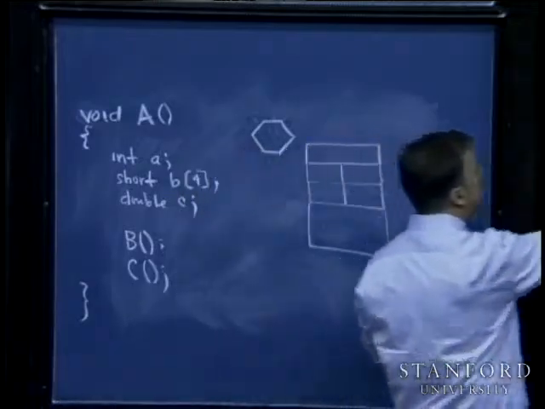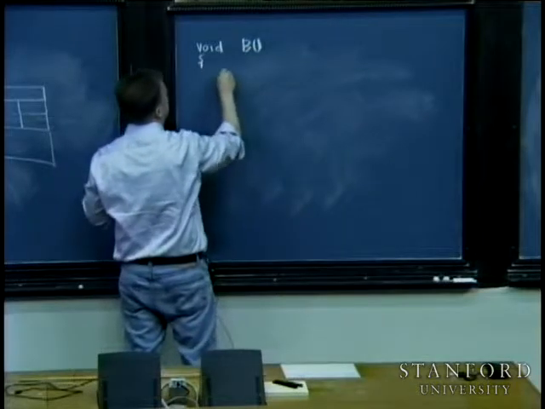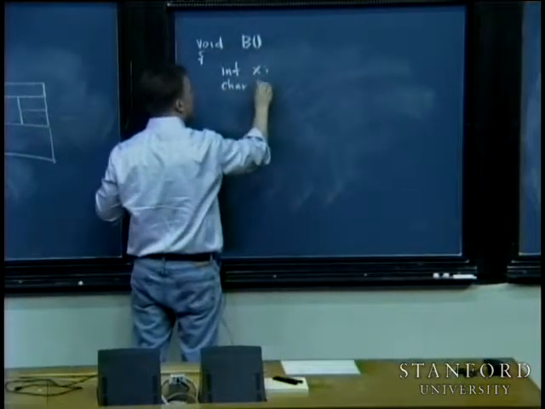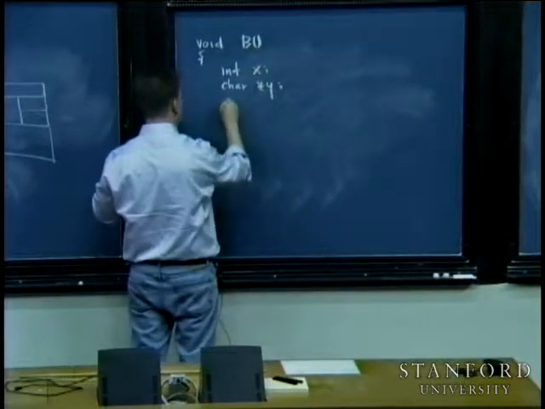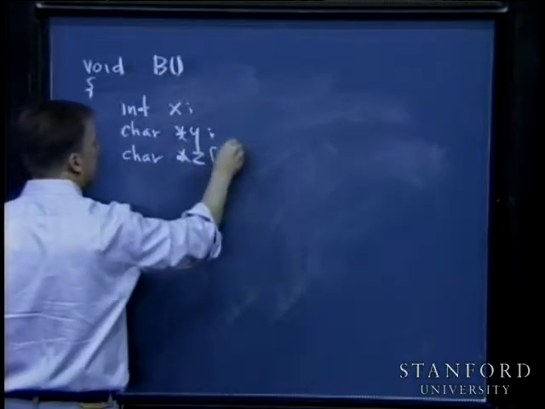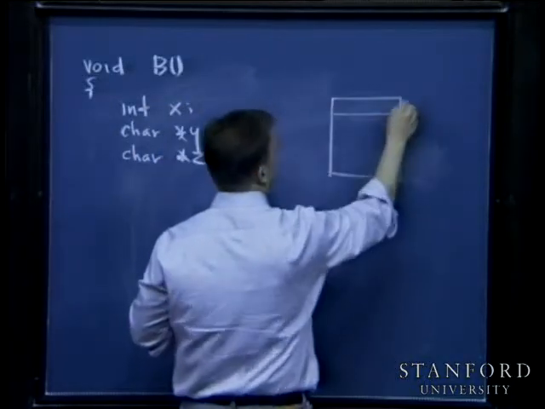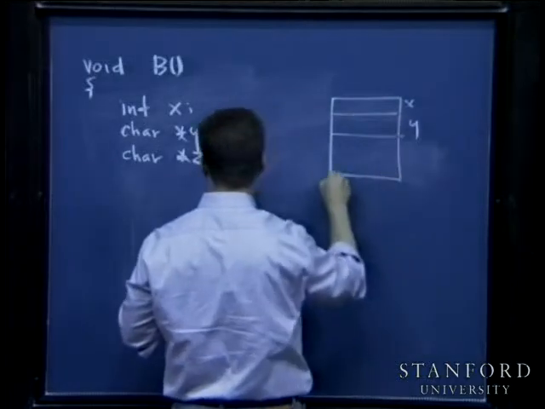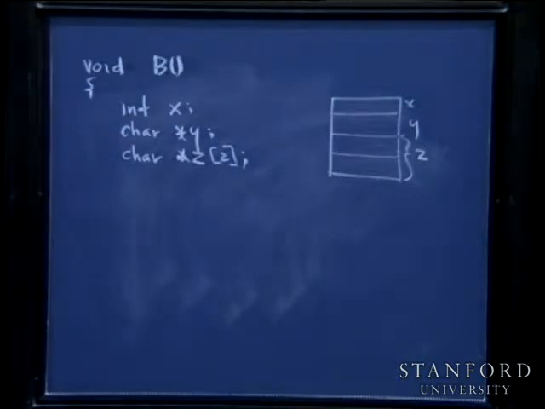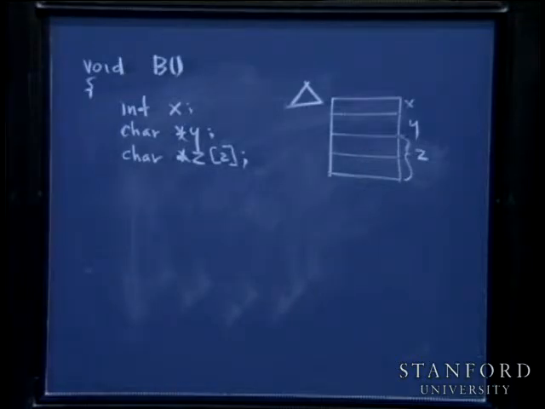Let me implement b. I'll keep these simple. Void b declares an int called x, a char star called y, and a char star array called z of length 2. The stack frame would look like this. x would be above y's 4-byte pointer, and then this is an array of size 2, so there's a total of 16 bytes there. I'll abbreviate it with a triangle, okay?